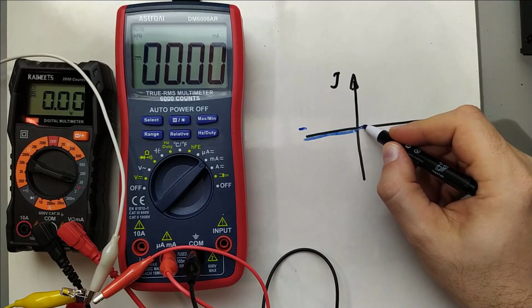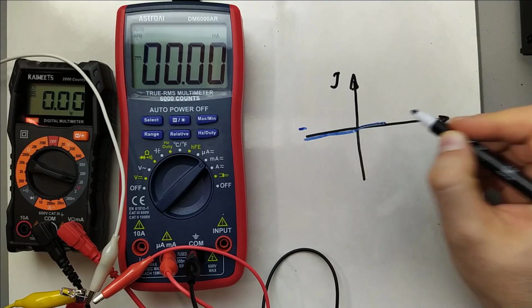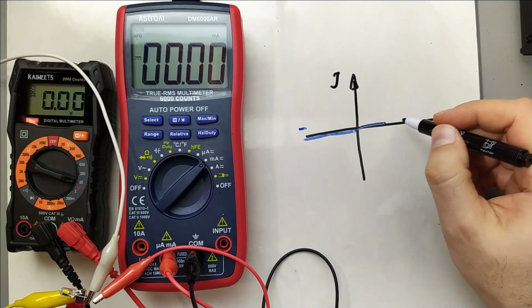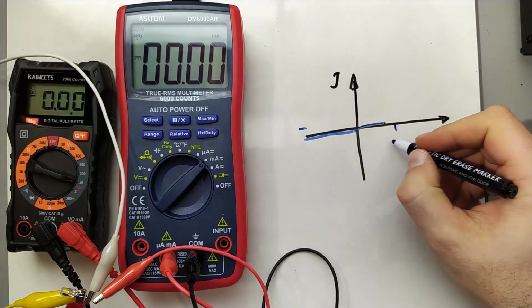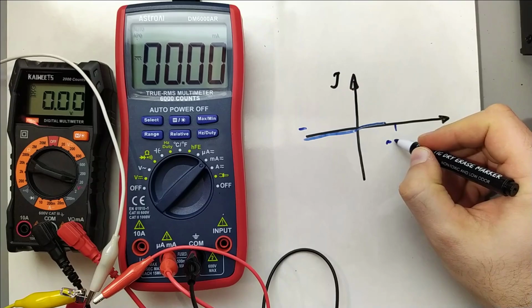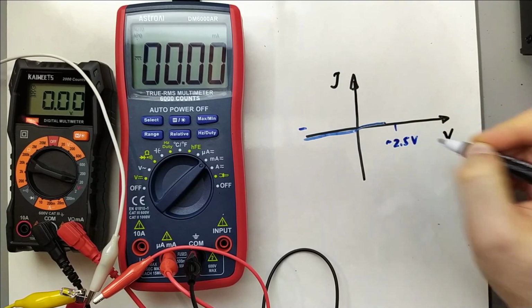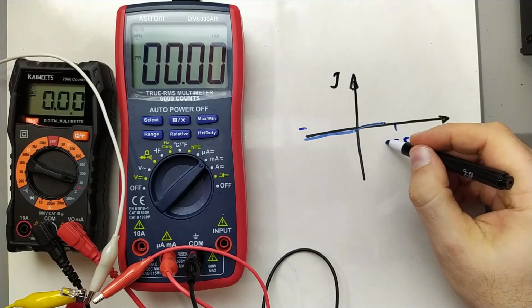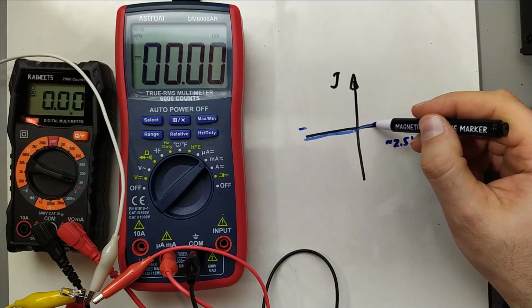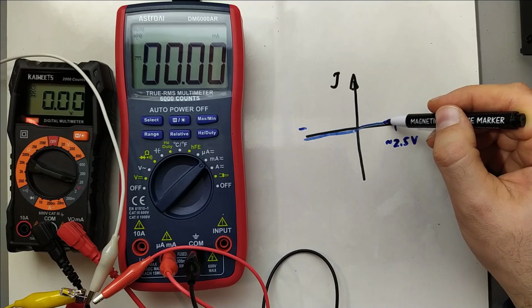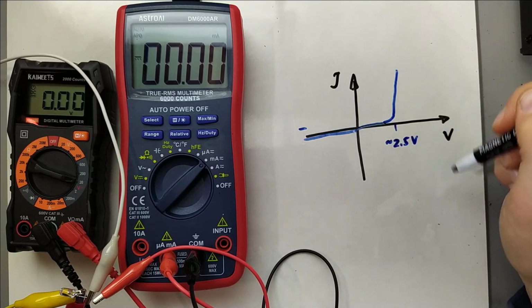Then it goes to forward bias, and current remains very small until we reach some turn-on voltage, which is about 2.5 volts forward bias. So it remains very small and then exponentially increases.